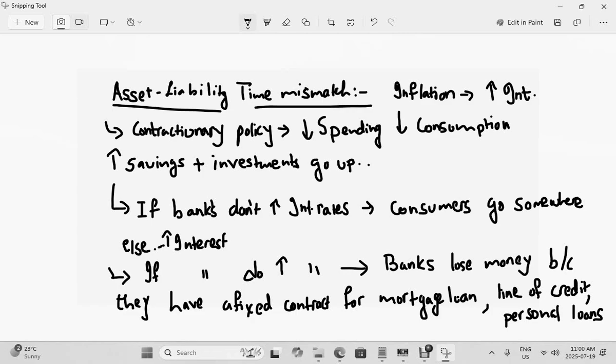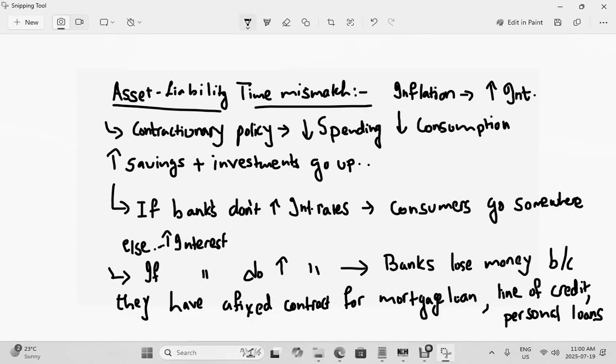So again, the asset liability time mismatch has to do with banks being able to raise their interest rates for a liability, such as the savings account that you have with your bank. This is something of a liability because banks obviously pay interest for your savings account, right? So every deposit earns an interest in the savings account.